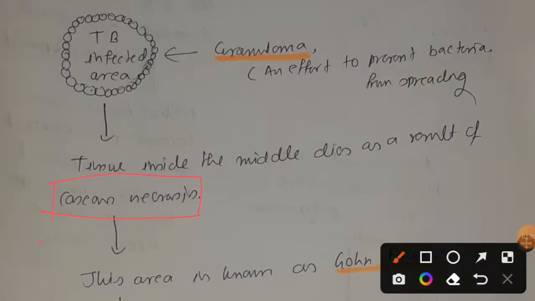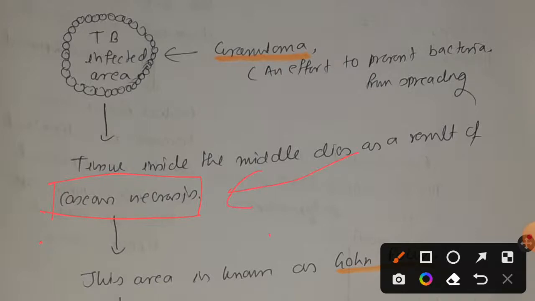Why is this kind of necrosis named caseous necrosis? Because caseous means cheese-like, and most of the dead tissue is white, soft, and has a cheese-like appearance, and that is why it is named caseous necrosis.